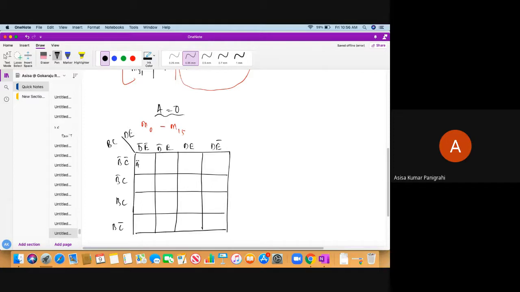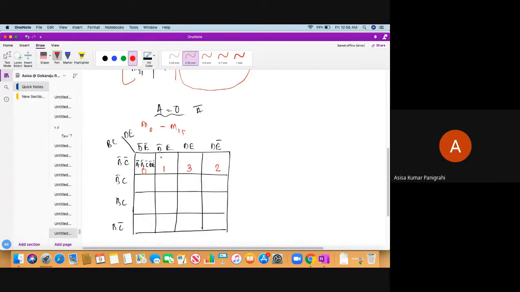Every time it is A bar, B bar, C bar, D bar, E bar. So every time A is 0 means A bar. Next, if it is all 0, the minterm position here is M0. Here the minterm position is M1. Here the minterm position is M2. Here the minterm position is M3.